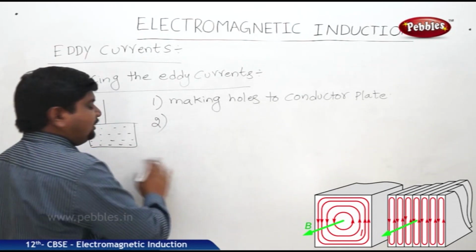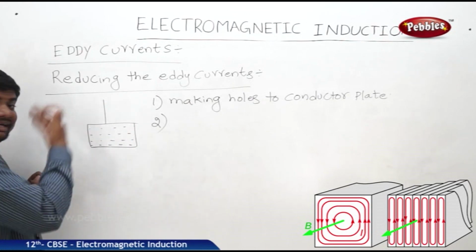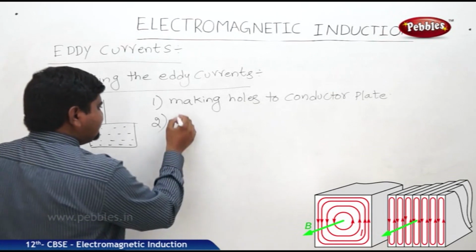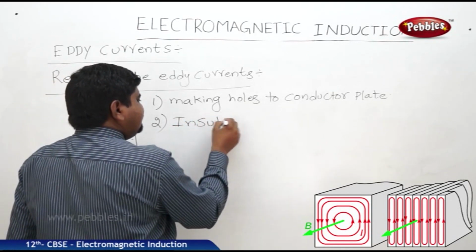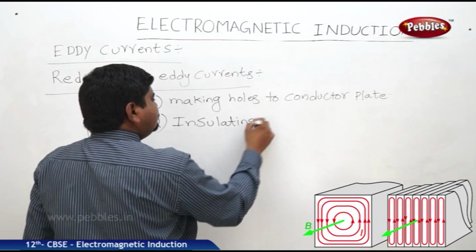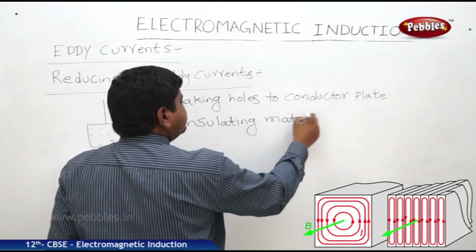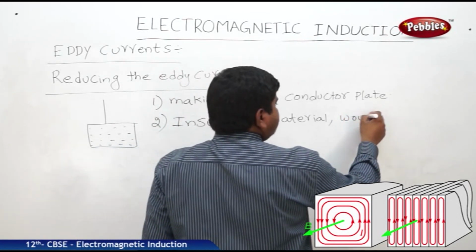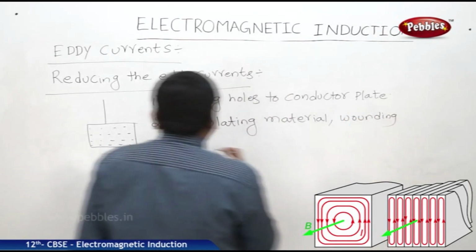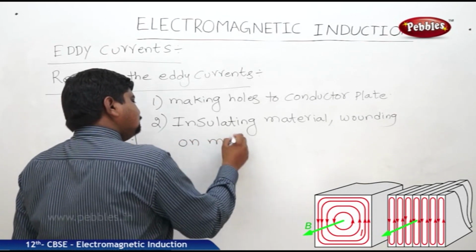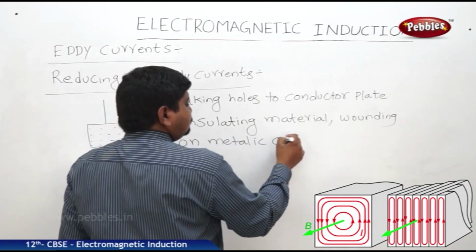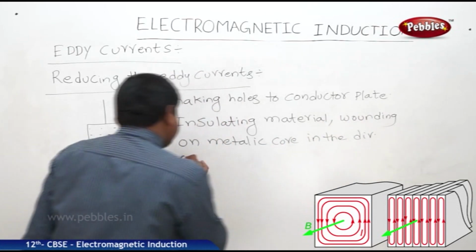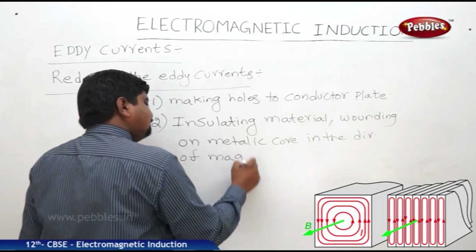Second, we can keep an insulating material on the metallic core, in the direction of the magnetic field.